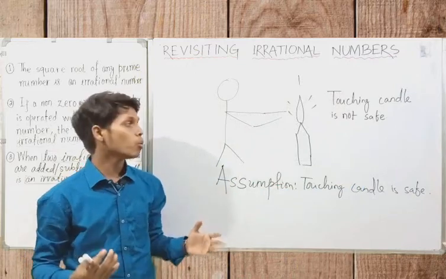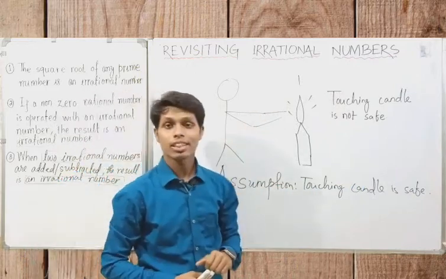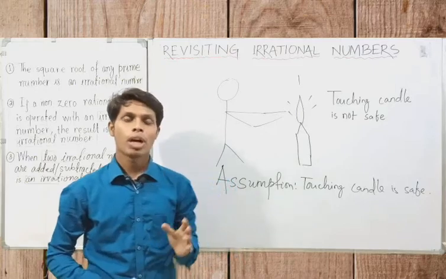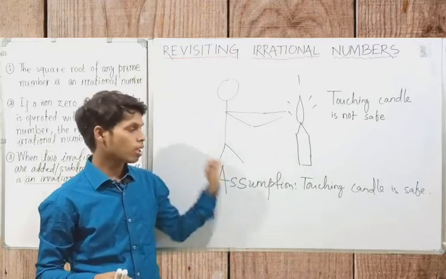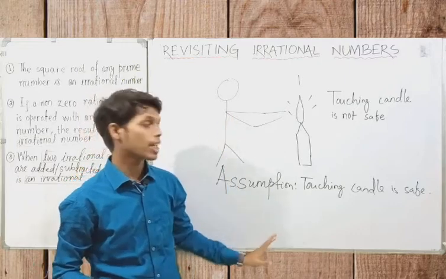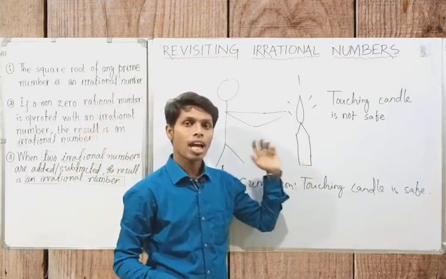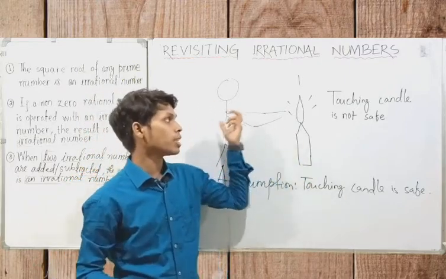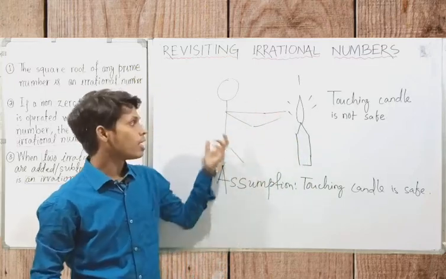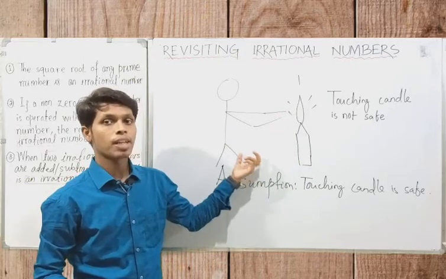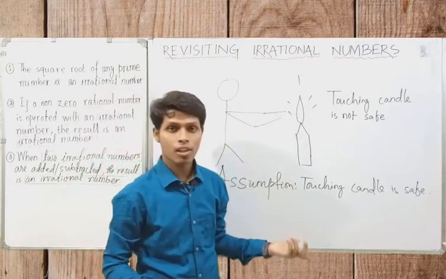So how will you prove that touching candle is not safe? Here what you will need to do, you have to let him proceed as per the implication of his assumption, and after that if he touches the candle and gets himself hurt, then he will himself realize that touching candle is not safe.